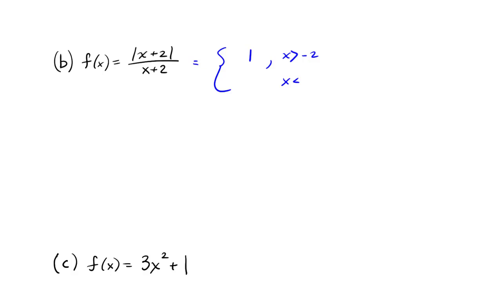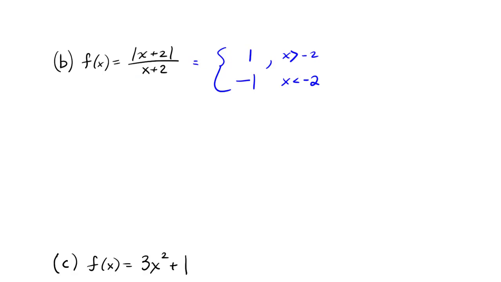If x is -2, then the denominator would be 0, and that's no good, can't have it. If x is less than -2, then the absolute value is going to take a negative number and make it positive, so it's going to be off by the sign from x plus 2, and I would get -1.